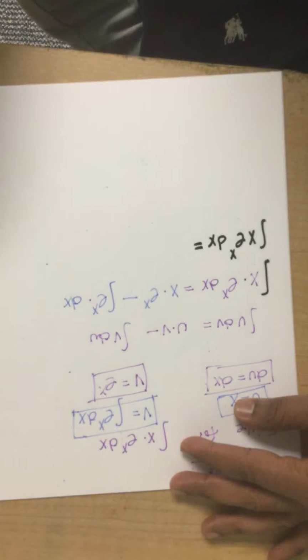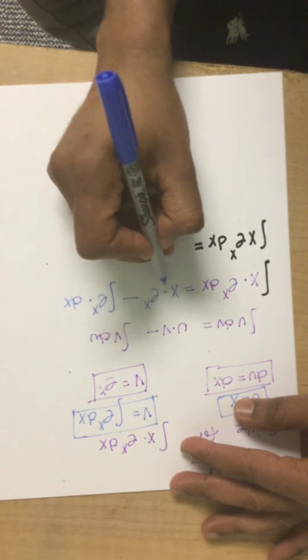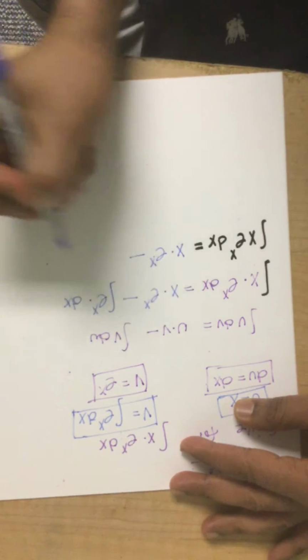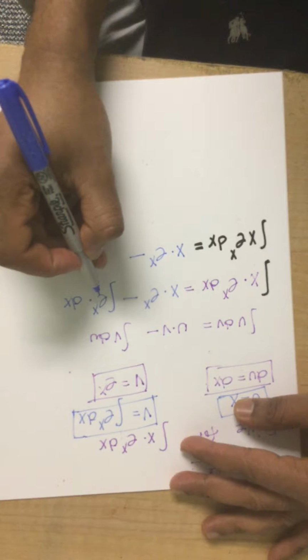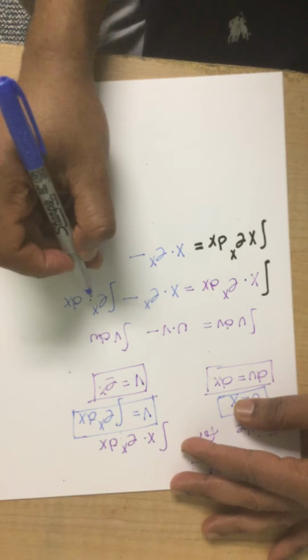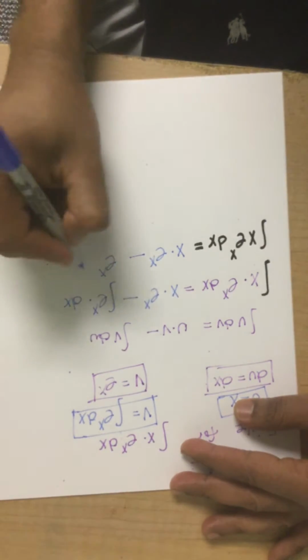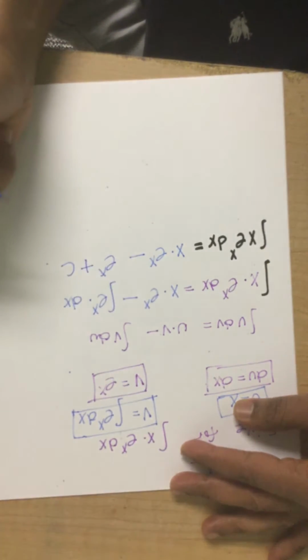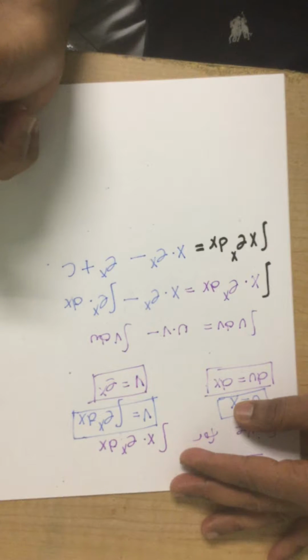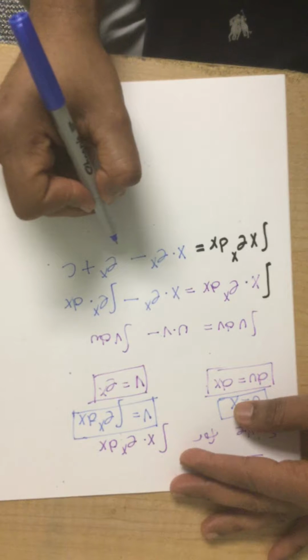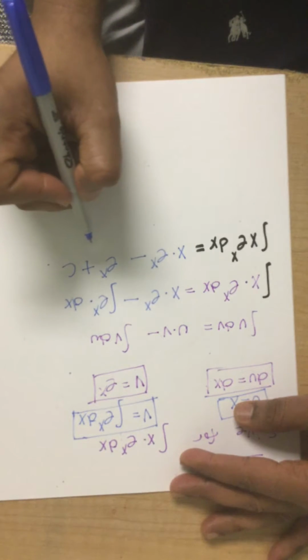which is equal to, so this part is already solved, I can rewrite it again, minus the integral of e to the power of x, which is e^x from my integration table, plus c. So this can be the final answer, or we can rewrite the equation isolating the common factor.